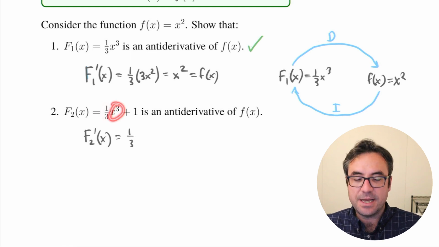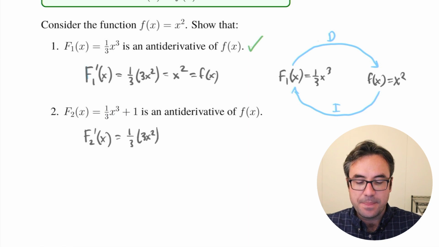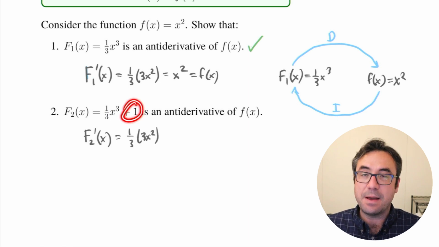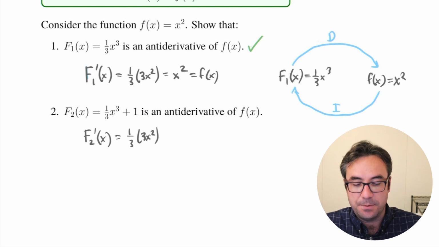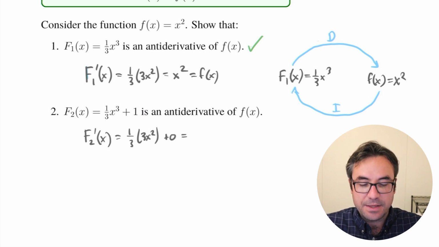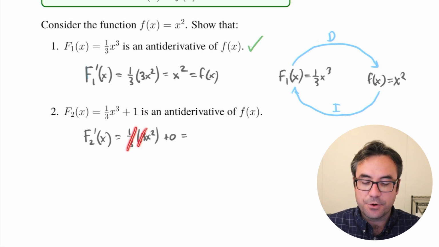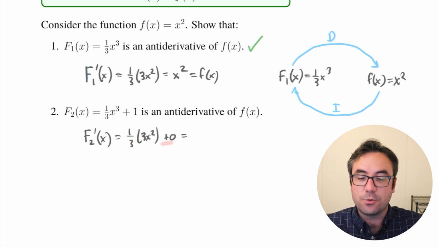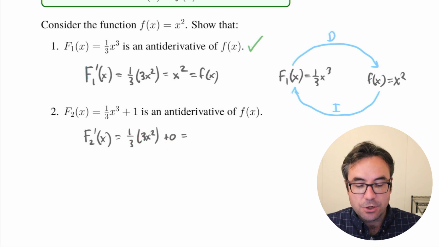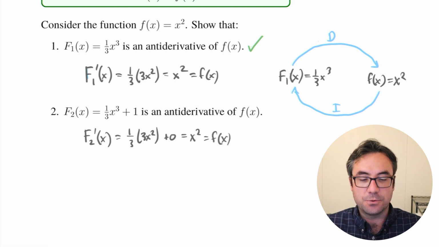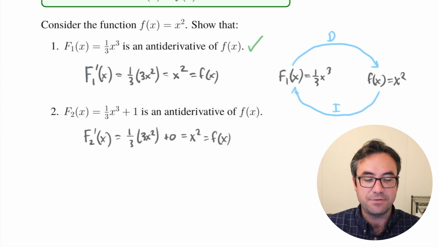We differentiate the x cubed, we get 3x squared, and then the derivative of that plus 1 is just 0. And if we clean that up, the 3 and the 1/3 cancel out, and plus 0 we don't normally include, so we end up with x squared. And this shows that capital F2 prime is equal to little f of x.